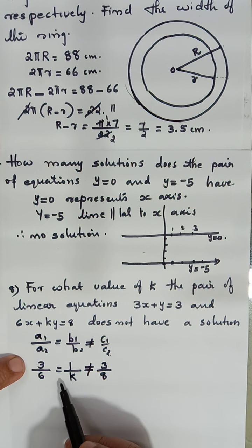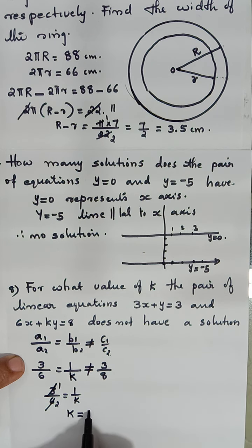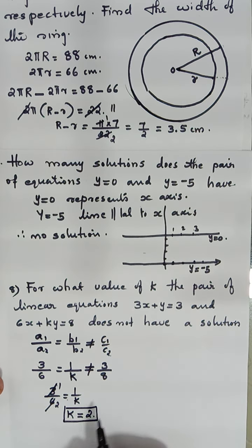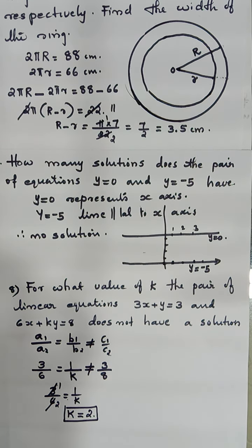Let us take the first two. 3/6 = 1/k. 3/6 means it is 1/2. Cross multiply: 1 into k equals 1 into 2. K is equal to 2. The value of k here is 2, for which the pair of linear equations does not have a solution.